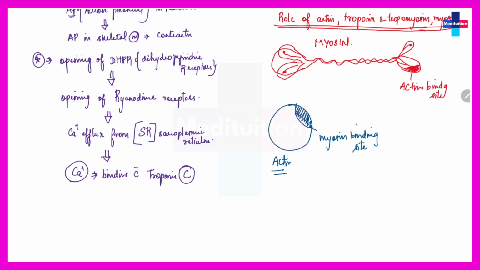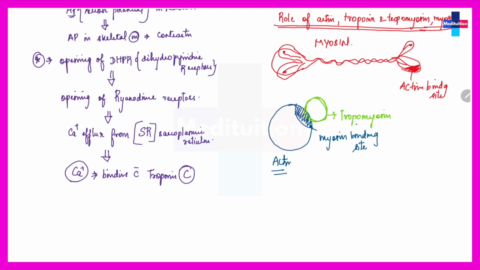This myosin binding site is covered and prevented from binding by one of the proteins called tropomyosin. So this tropomyosin is covering our myosin binding site.